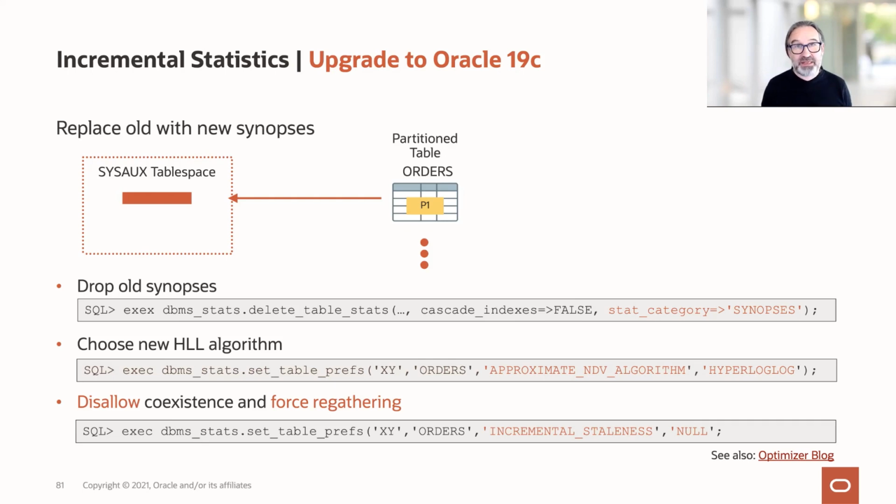Why are we recommending that? We learned from customer cases that with the coexistence of old and new, especially index stats gathering is not good anymore. It's not precise, it leads to a lot of issues. And this is why we came to the conclusion with the customers we worked with that you have to wipe out the old synopsis and you have to enforce the regeneration.